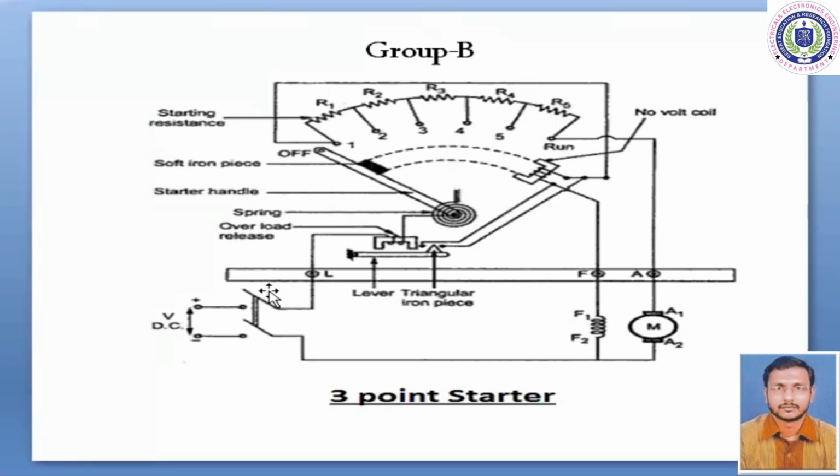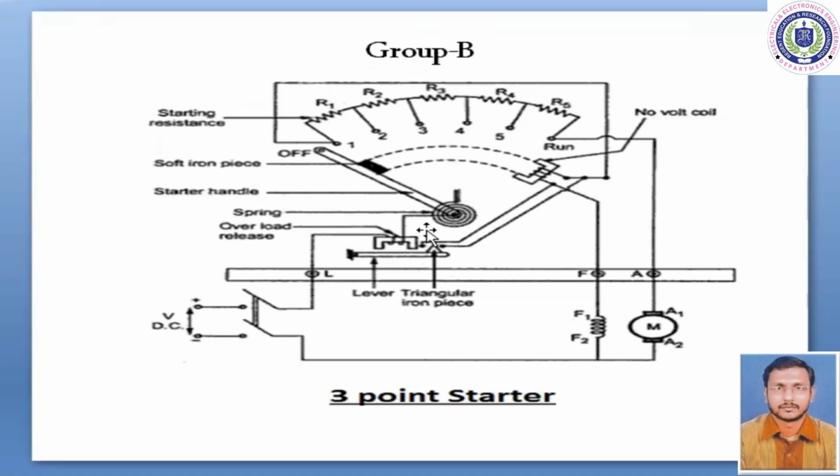As you can see, we are giving the supply voltage V. As I have already mentioned, the positive terminal is connected to the line terminal. So when the switch is closed, the current passes through the L terminal and goes to the handle, this arm, through the overload coil.